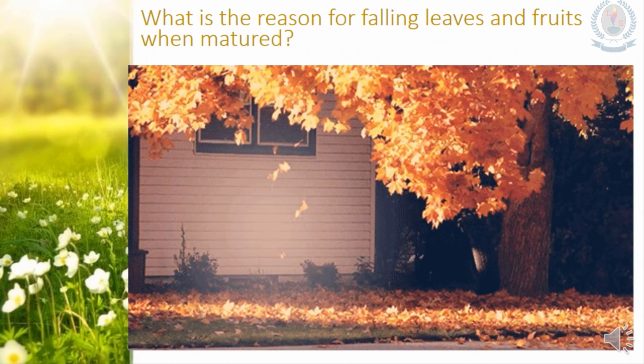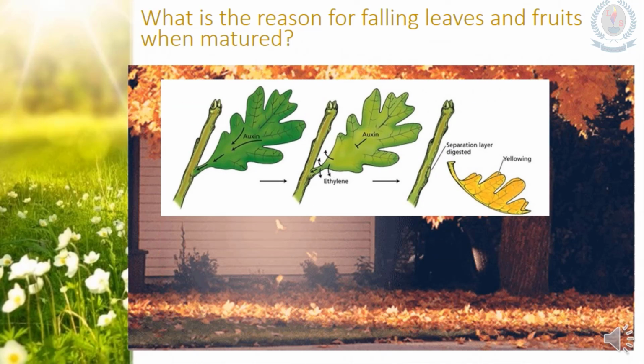Now let's see what is the reason for falling leaves and fruits when they mature. Plants' leaves produce auxin and provide it to the plant. When they mature, the amount of auxin produced by the leaf is reducing.